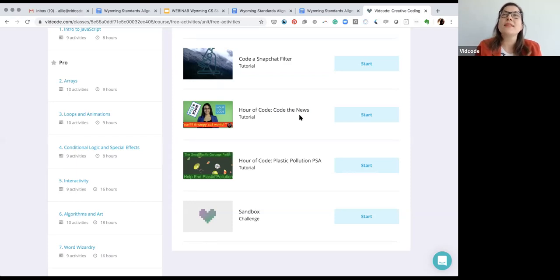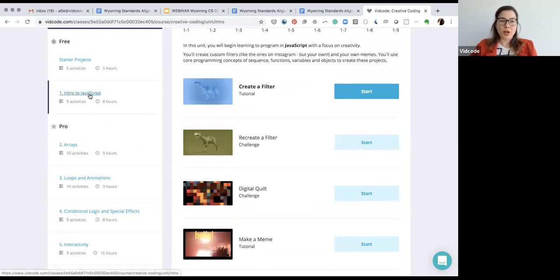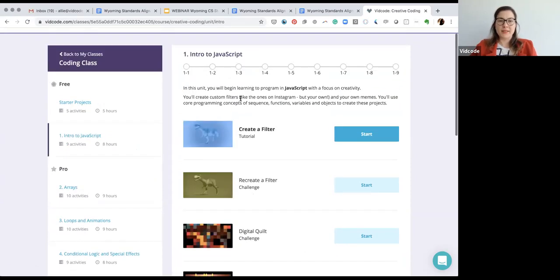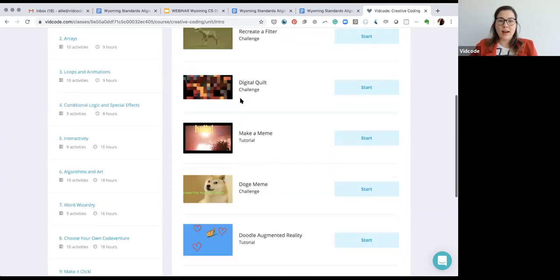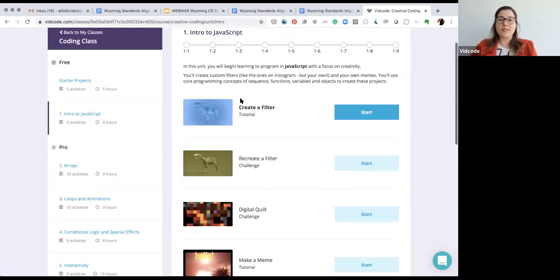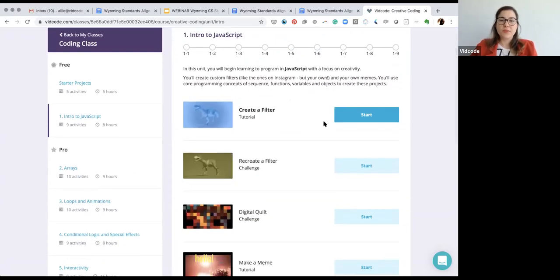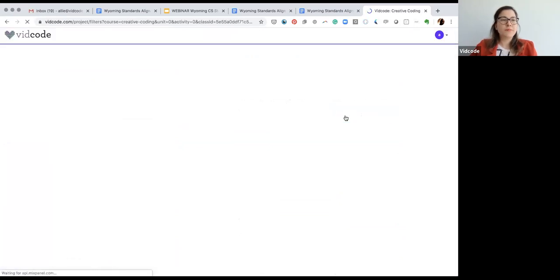Grade level wise, I would recommend this just for reading level grades 4, 5, and up. Now I'm going to go to Intro to JavaScript. This is also available to you. This is over 10 open-ended online projects that are going to cover a lot of the standards in the document that I'm sharing with you today. Let's go ahead and jump in the first one.